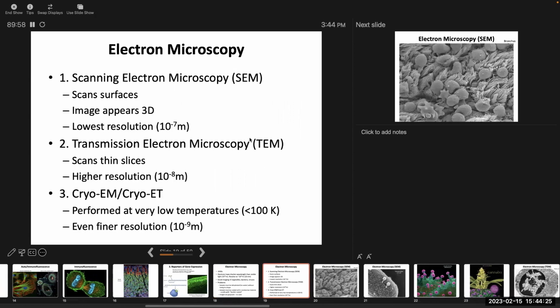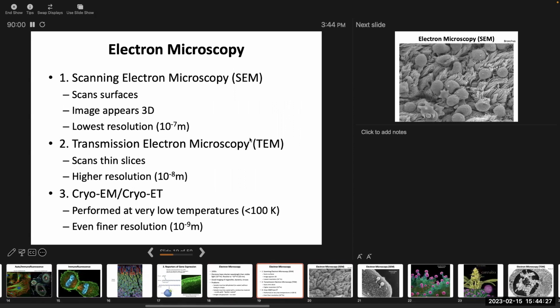There are three broad categories of electron microscopy that are used for looking at different things. First of all, there's scanning electron microscopy, or SEM. This allows you to scan the external surface of a three-dimensional object or a group of three-dimensional objects. This is where that dehydration and sputter coating is especially important, because you have to maintain the shape of the structures and then coat their surfaces with that thin layer of gold atoms.